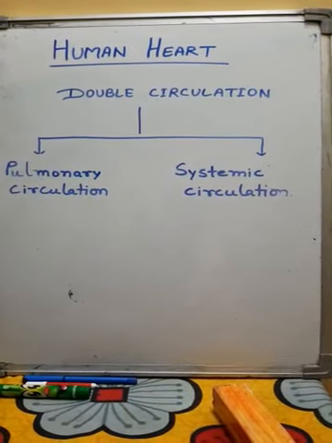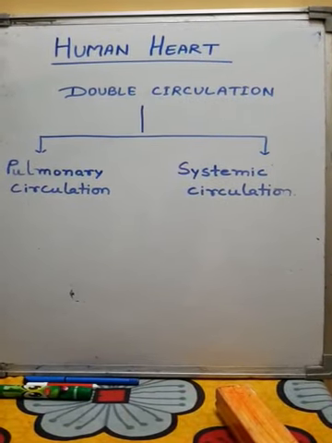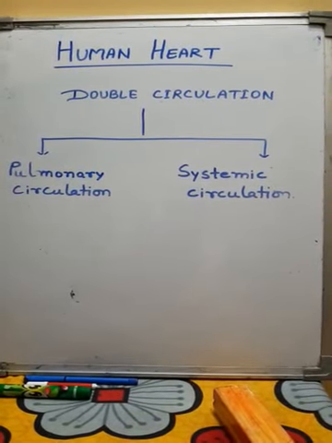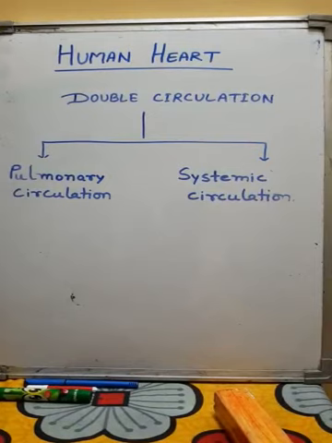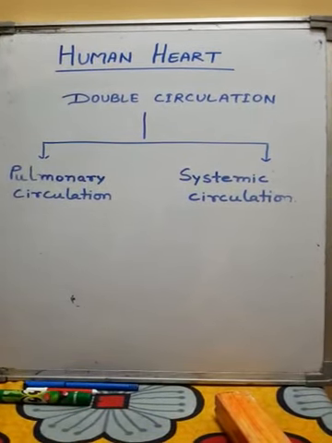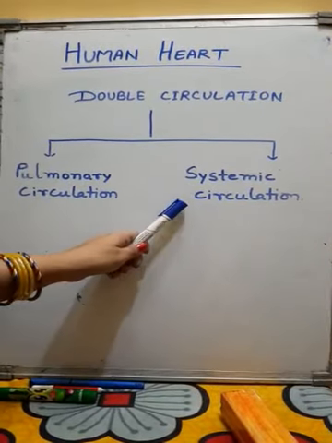Inside the lungs, it is oxygenated, and after being oxygenated, blood comes back to the left auricle of the heart through pulmonary veins. This is the second part of double circulation, called systemic circulation.